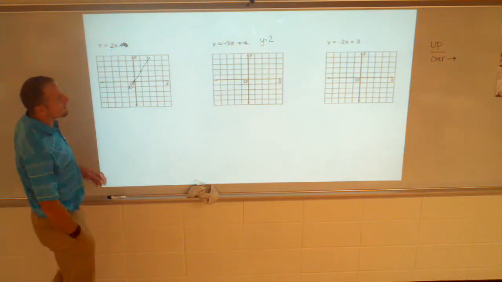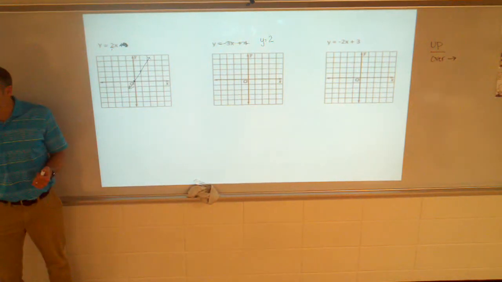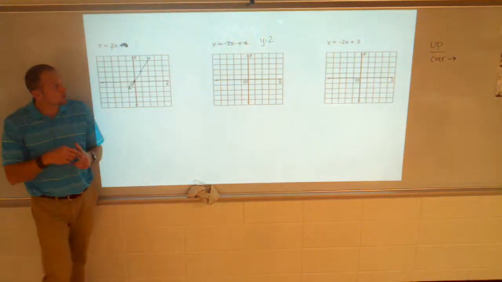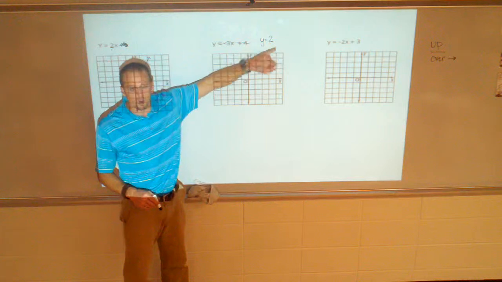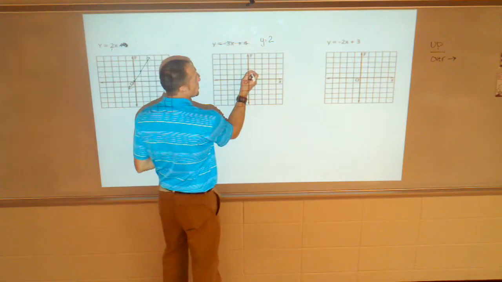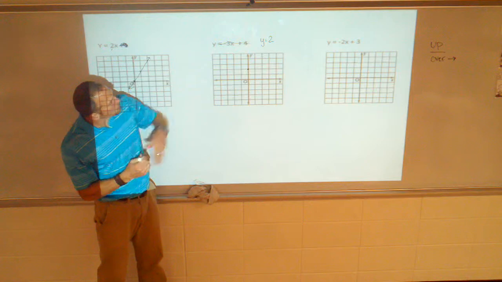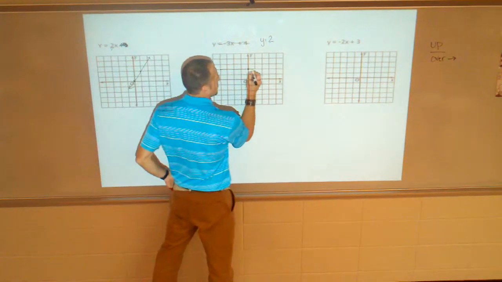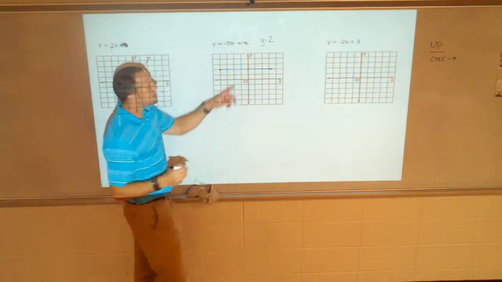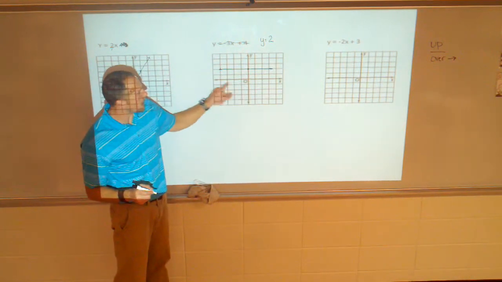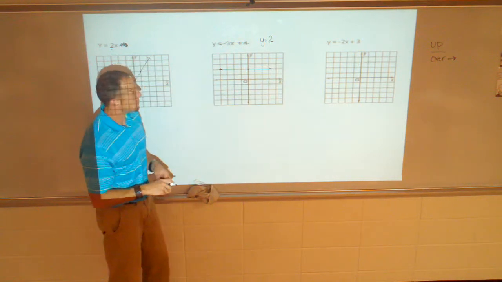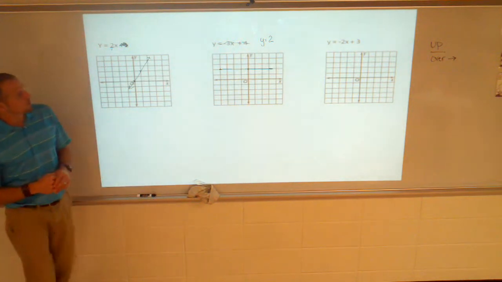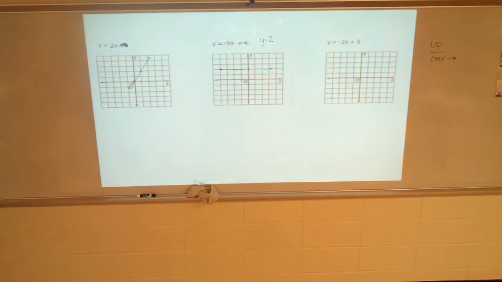Carl, if we only have an x or only have a y, what's our line going to look like? Yep, it's either going to be horizontal or vertical. So let's go up to this point, y equals 2. My y-intercept is 2. Carl, is this going to be a horizontal line or a vertical line? Horizontal line. It's going to be flat. Remember what I said. You are almost never going to draw a line over an axis. I will show you the exception to that later, but for right now, that's what I want you to know.